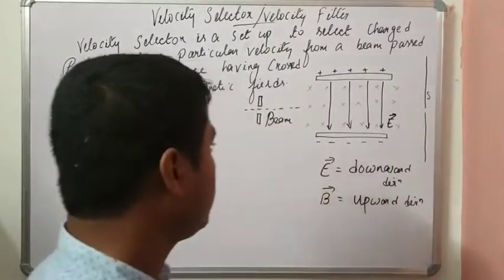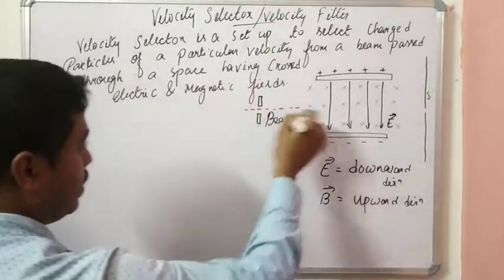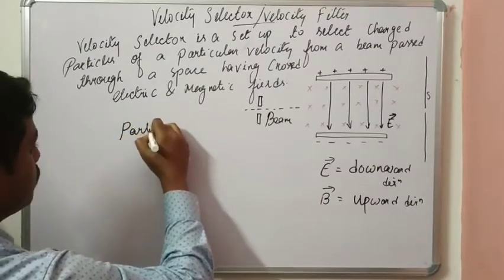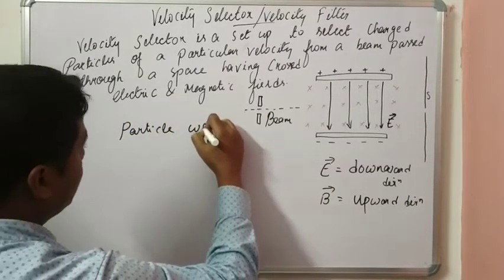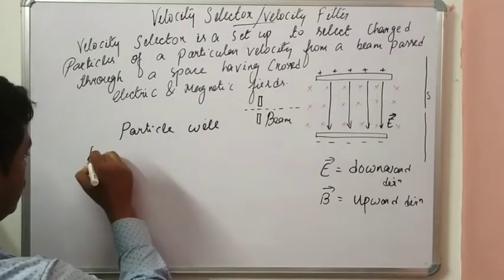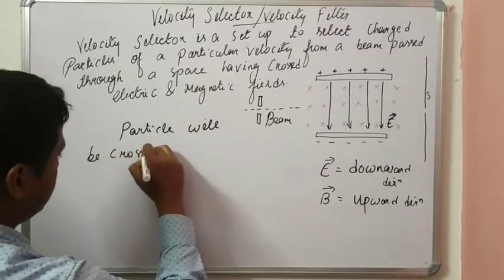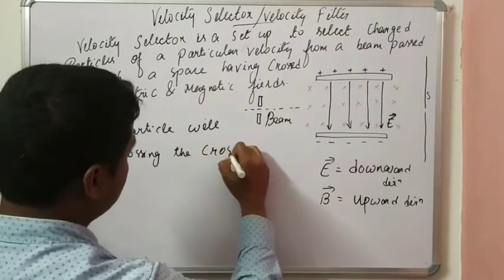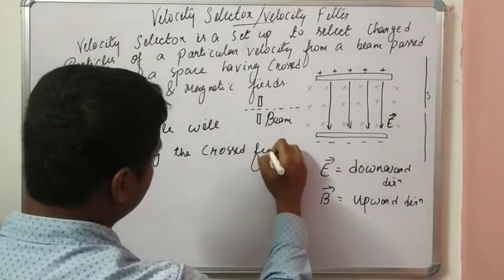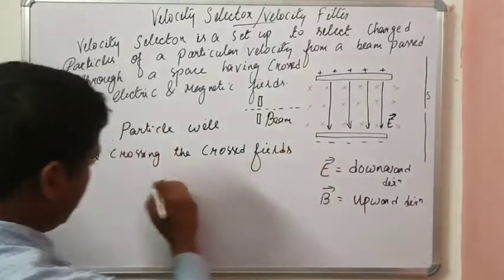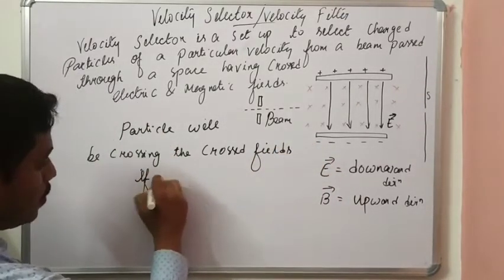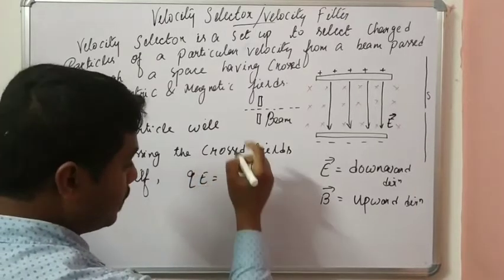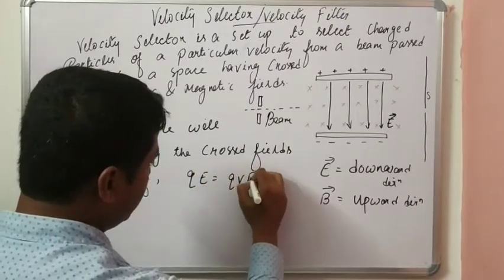Now we have used a condition that the particle will cross the crossed fields if the force experienced due to the electric field, that is qE, and the force experienced due to the magnetic field, that is qvB, are equal.